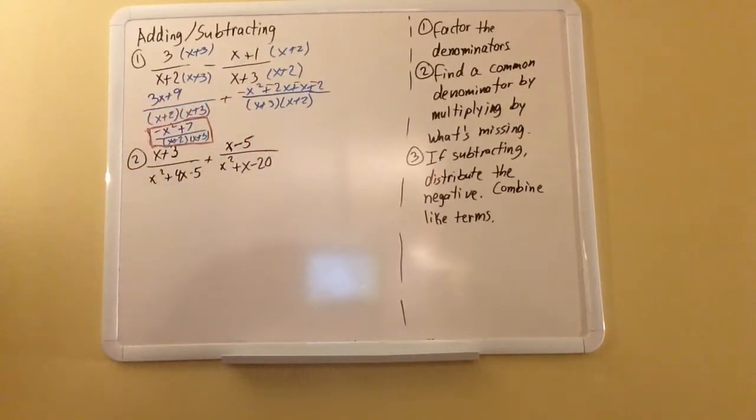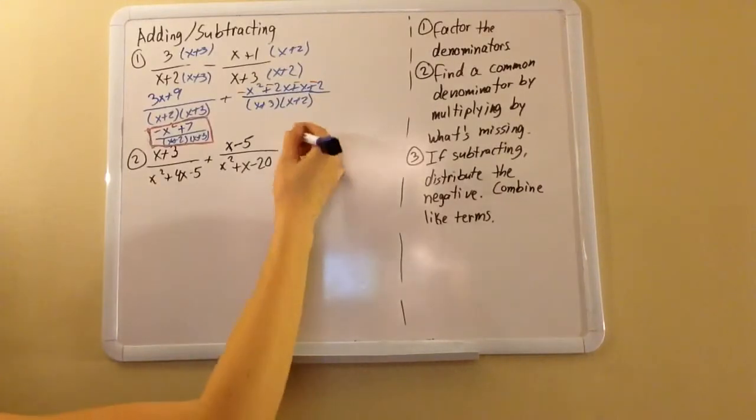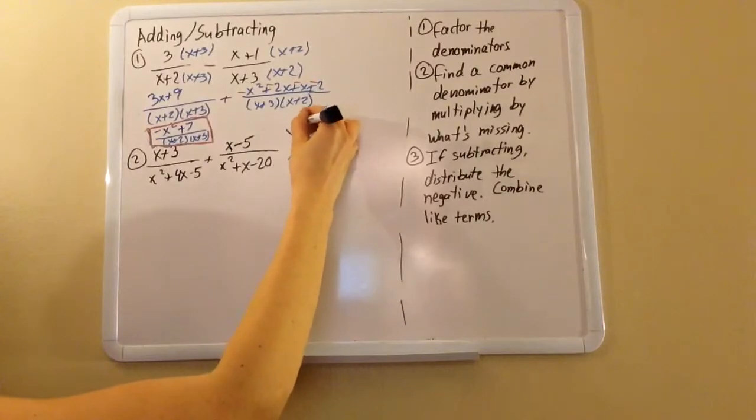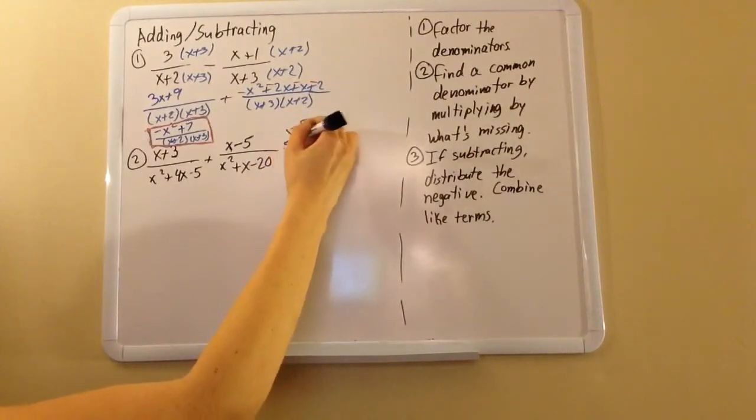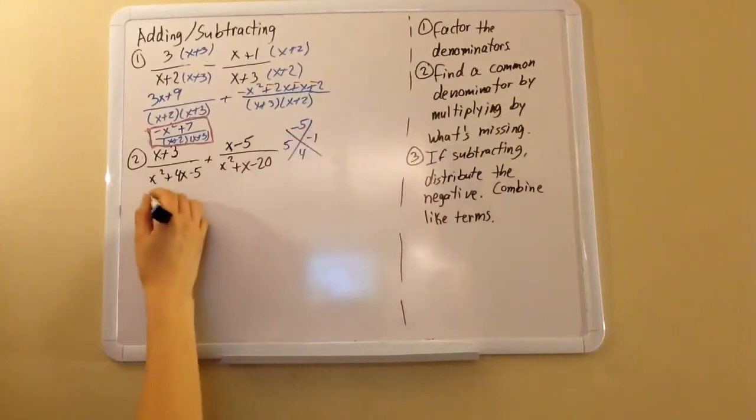Okay, now my next one. My next one you can see is a little bit harder with the denominators. So I need to factor them this time. I'm going to factor this one over here. On the top is going to be -5. On the bottom is going to be +4. So on the sides I'm going to get 5 and -1. So I'm just going to rewrite it.